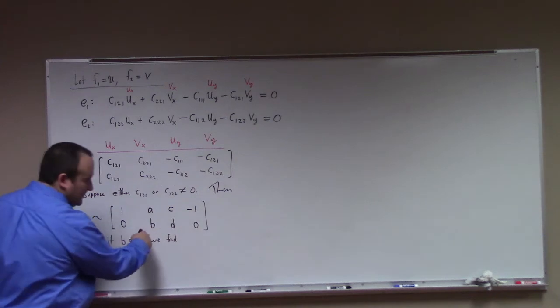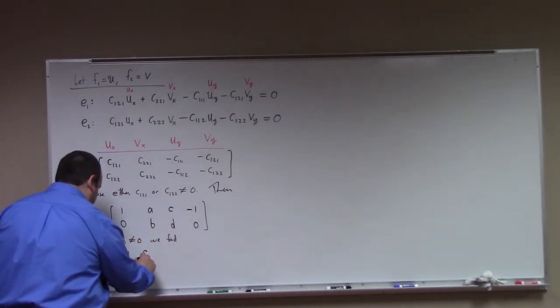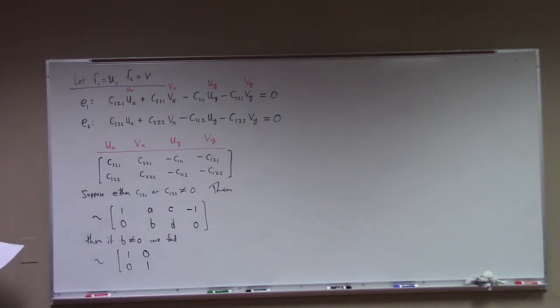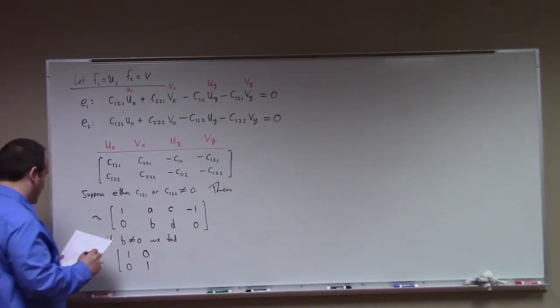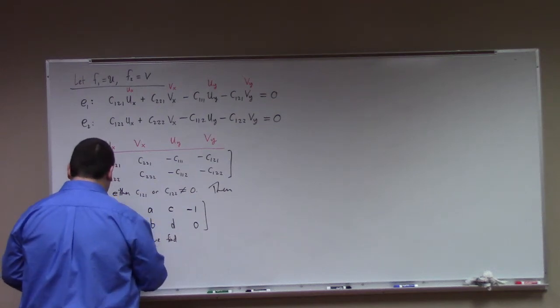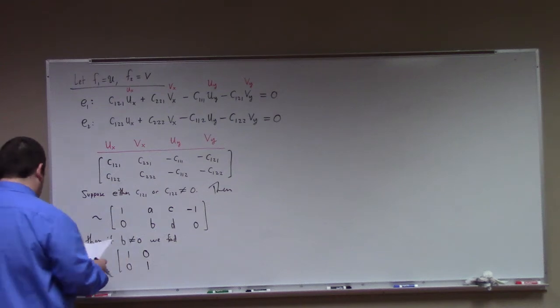If B is non-zero, that means B is a pivot. That's linearly independent. That's going to be 0, 1, right? And then we get, that's funny, now he puts A and D over here. So he's changing the definition of A and D. Huh. That might be part of my confusion.